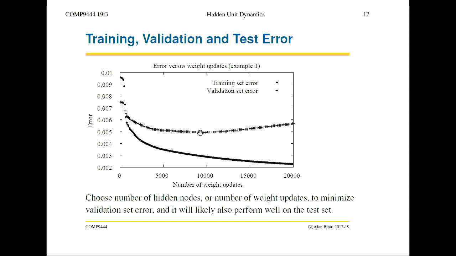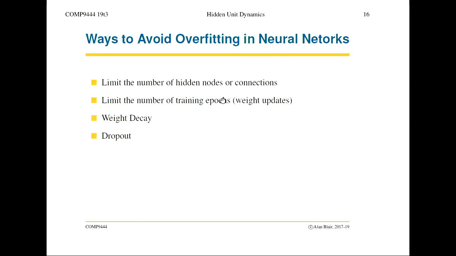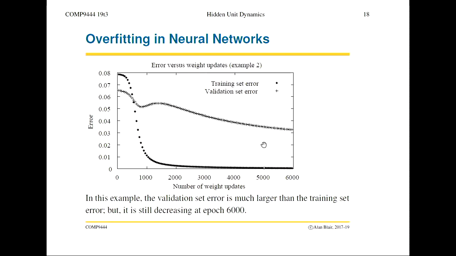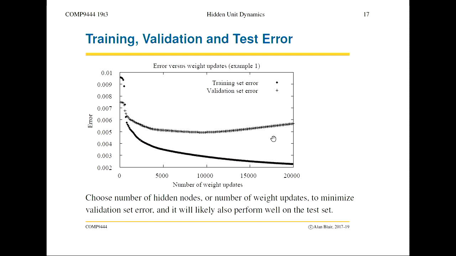Okay. So this covers those first 2 cases, the number of hidden nodes and the number of training epochs. Now the other 2 are weight decay and dropout. Now weight decay we discussed last time.